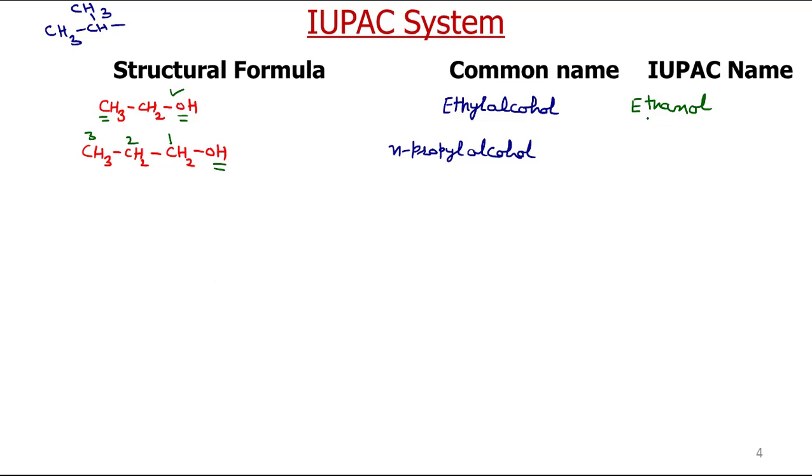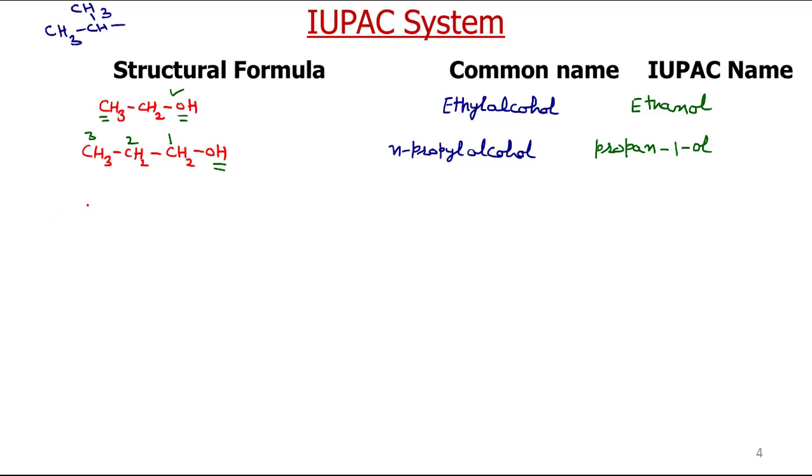We need not write ethane 1-ol. So for this, for 3 carbons the name is propane. Now the OH is present at first position, propane 1-ol. So its name is propanol.